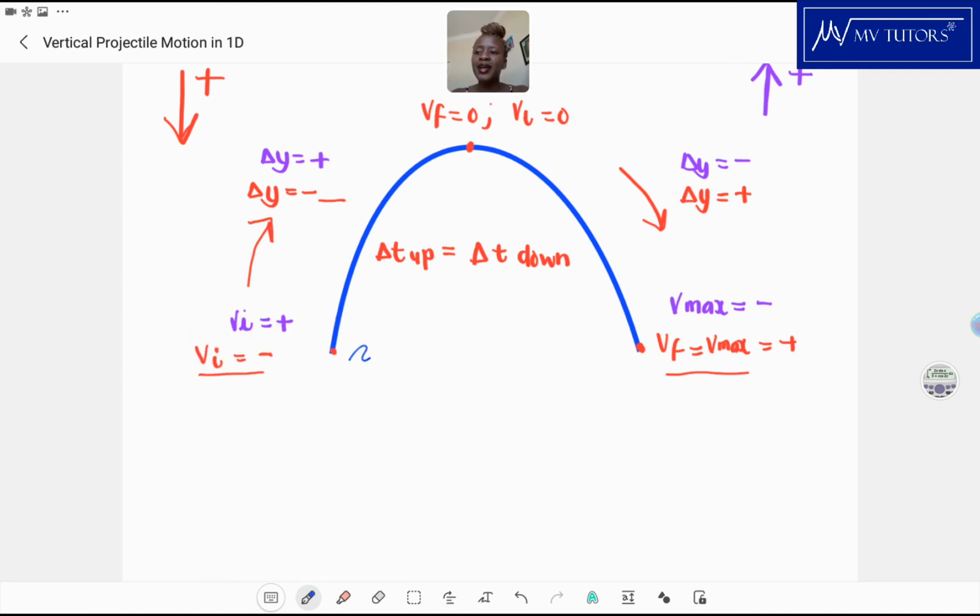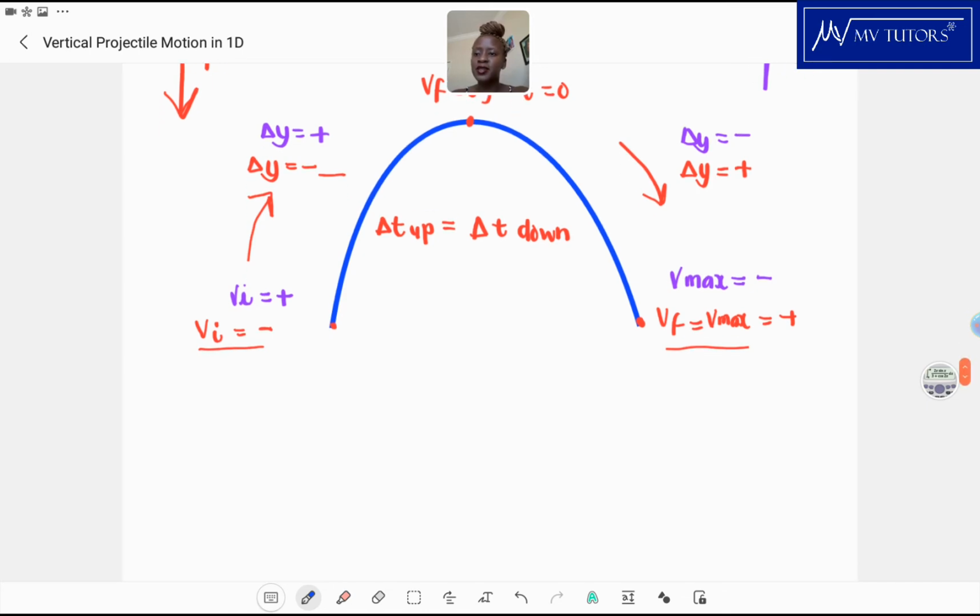okay, you would have your initial velocity, right? If you took downwards as positive, just gonna squeeze it in here. If you took downwards as positive, so initially it's going up, okay? So it has an initial velocity, but it's negative because you chose downwards as positive.